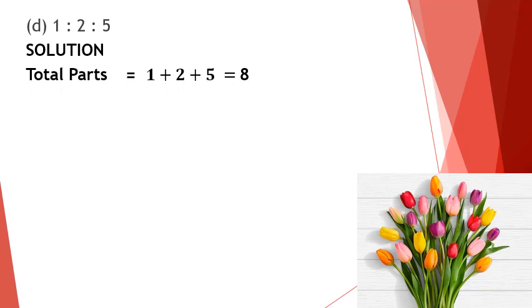Let's move to part D. 1:2:5. So first we can write total parts equal to 1 plus 2 plus 5 equal to 8. So first part equal to 1 upon 8. Percentage of first part equal to, how to find?